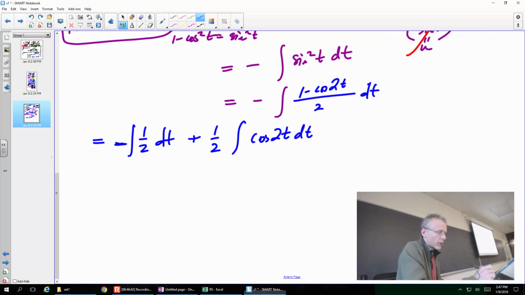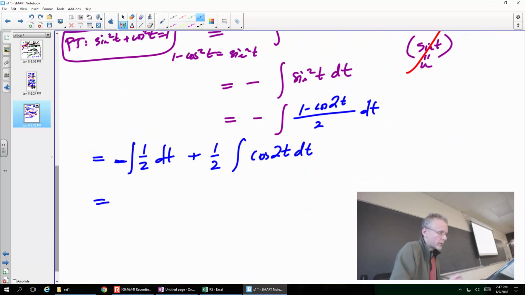And finally, the first integral is equal to what? Negative 1/2 x, yes. We are going to add c at the end, so let's not worry about that. This is a constant function, so we integrate, we just add x to it, that's all.